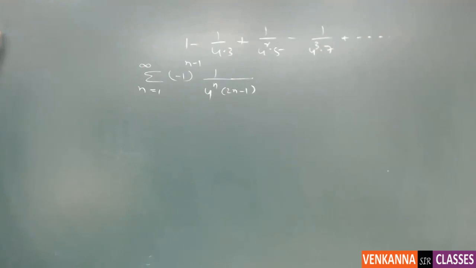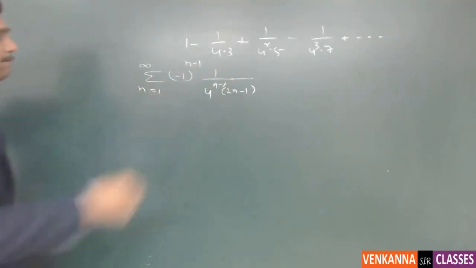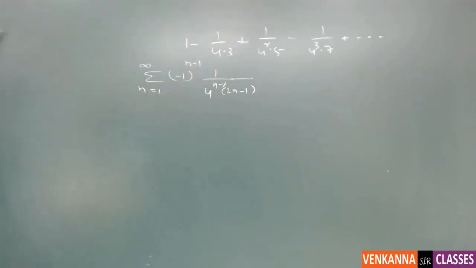Substitute n is equal to 1, 2, 3, and so on, you check. I should take 4 power n minus 1 because 4 power 0 won't come. If I take n is equal to 1, 4 power 0, n is equal to 2, 4 power 1 will come, and so on. 2n minus 1. So n is equal to 1 gives 1, n is equal to 2 gives 3, right? All of you agree?